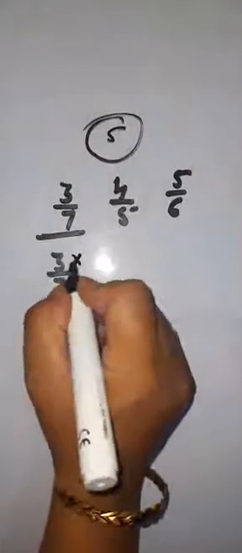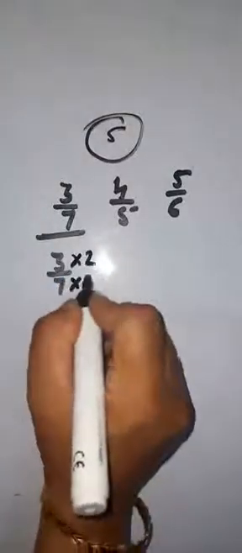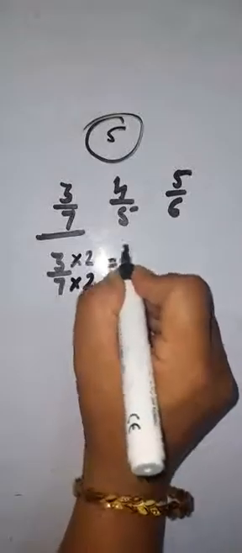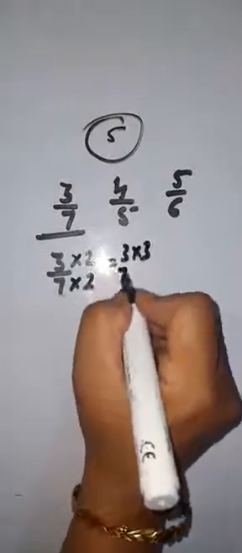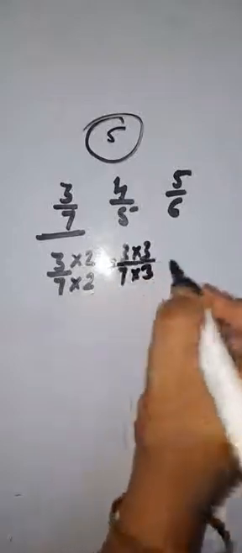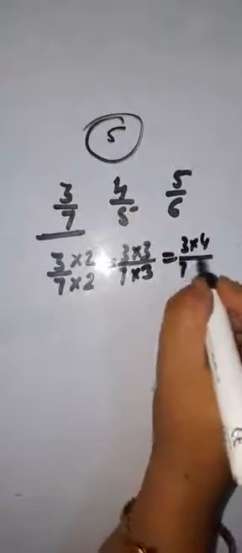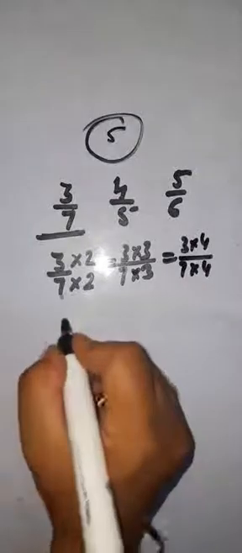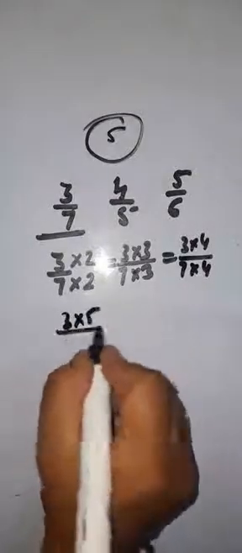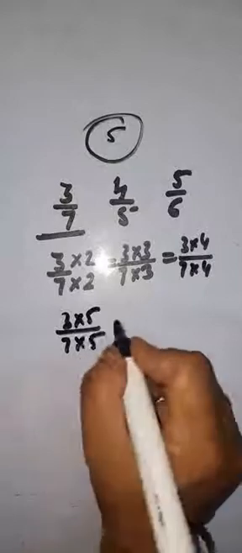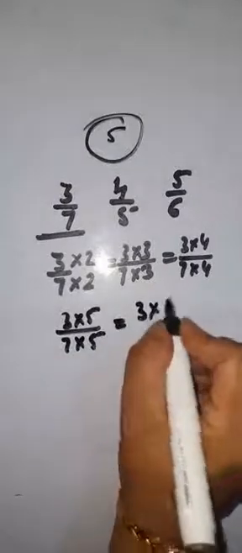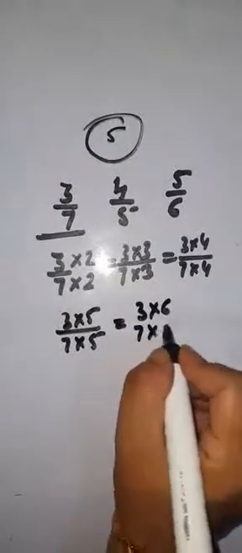So 3 multiplied by 2, 7 multiplied by 2. 3 multiplied by 3, 7 multiplied by 3. Okay. 3 multiplied by 4, 7 multiplied by 4. And 3 multiplied by 5, 7 multiplied by 5. And 3 multiplied by 6, 7 multiplied by 6.